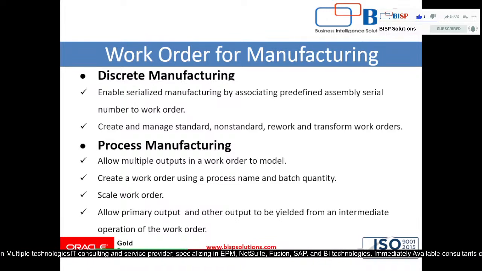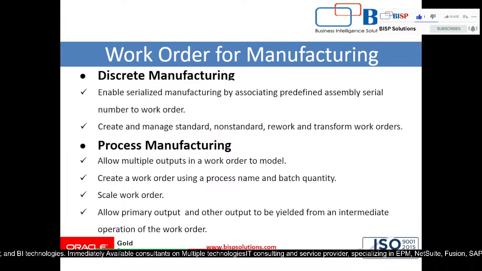But in process manufacturing, generally what you are doing is batch processing, right? The batch for the process manufacturing. In discrete manufacturing, all the items you make, like a laptop, you can also add the monitors as individual items.